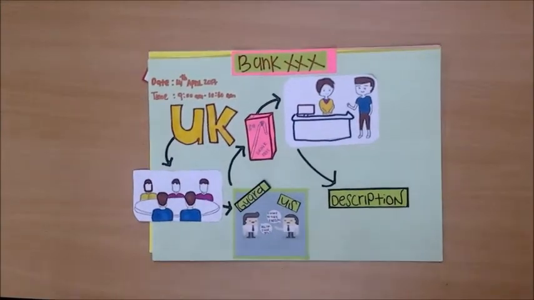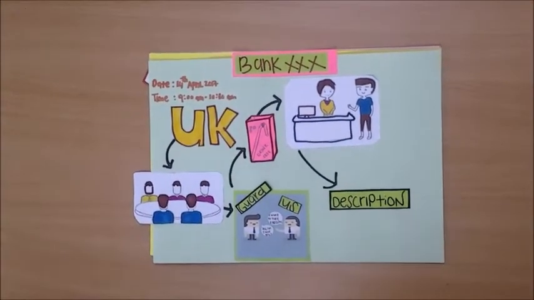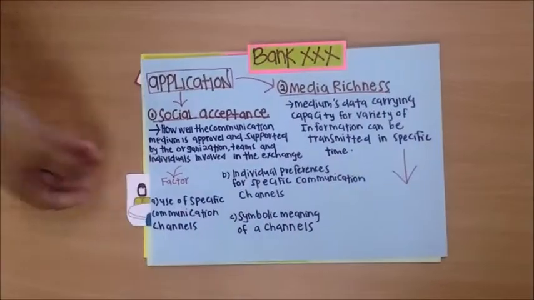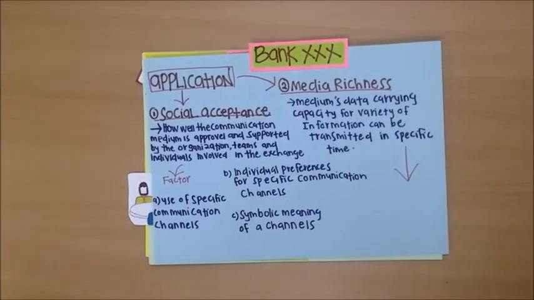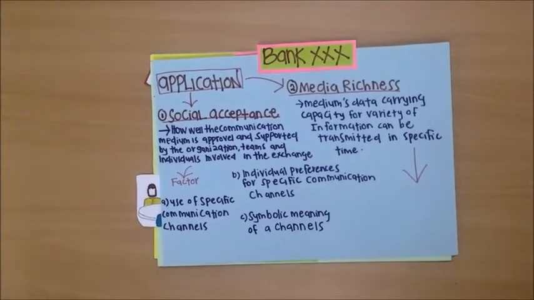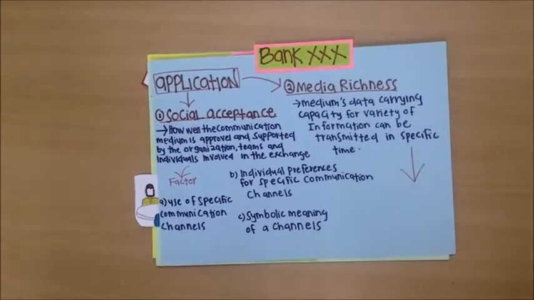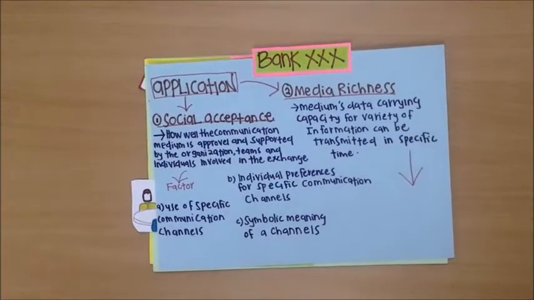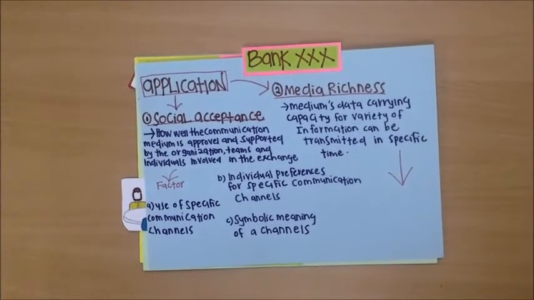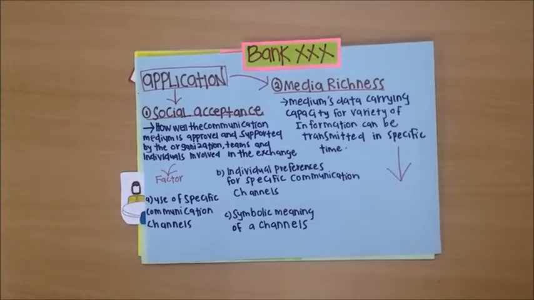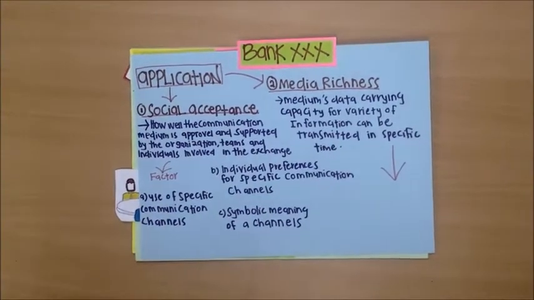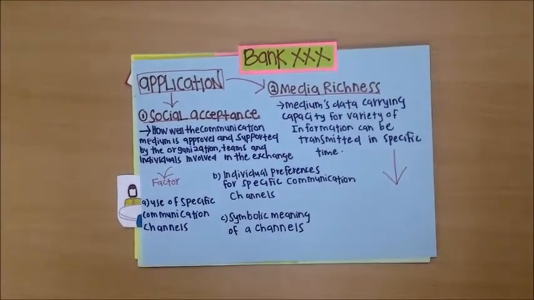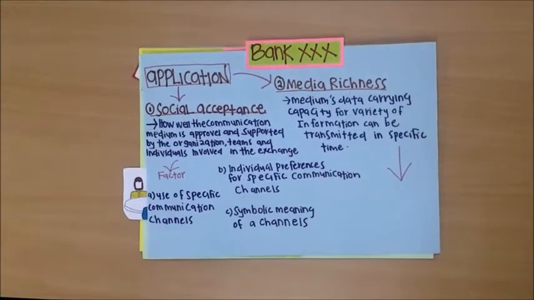The topic we chose to observe is the channel communication for social acceptance and media richness. Social acceptance refers to how well the communication medium is approved and supported by the organization, teams, and individuals involved in the exchange. Social acceptance has 3 factors. First, use of a specific communication channel.